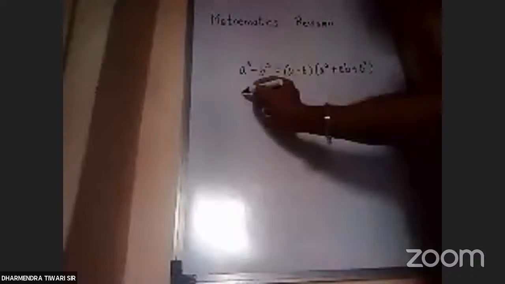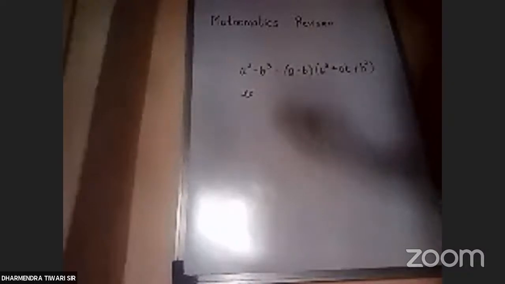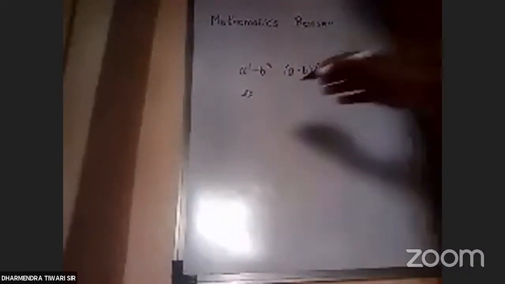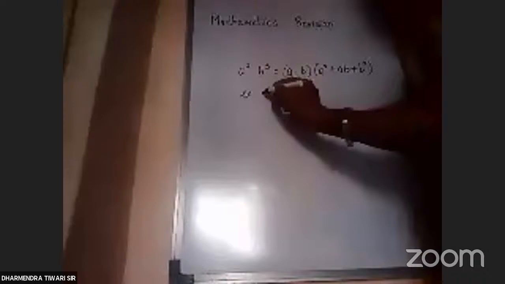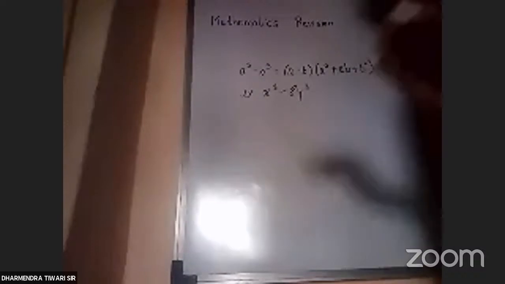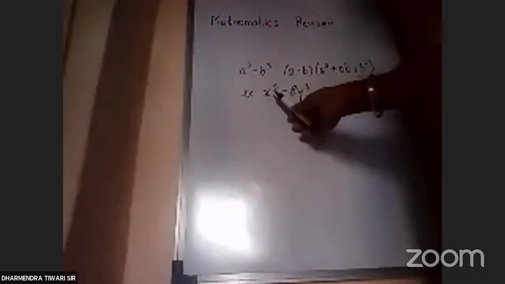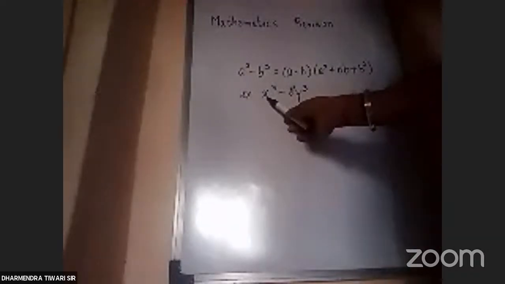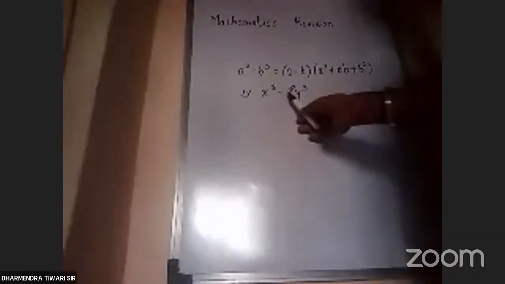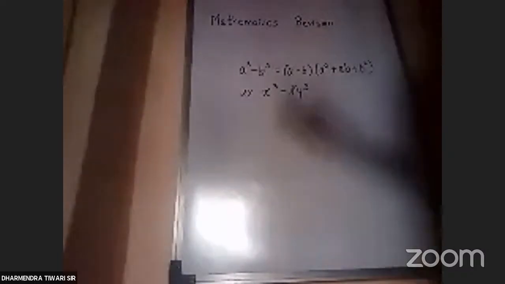We'll take an example which is very simple so that it will increase our confidence to solve more and more problems. x cube minus 8y cube. Now as we can see, we have the first component present as a cube. The second component has the form of a cube, but it is not in cube form.